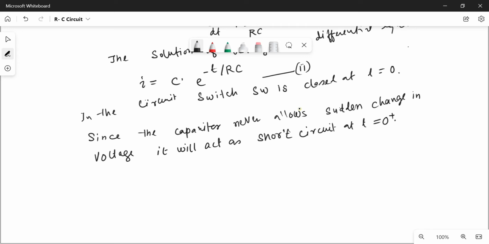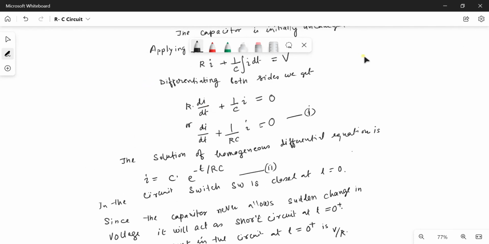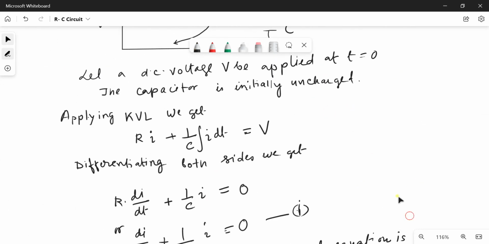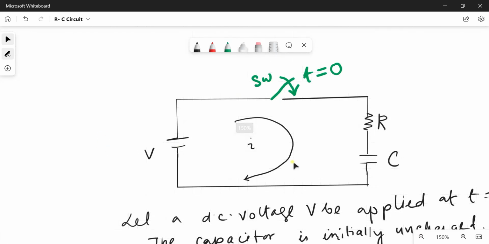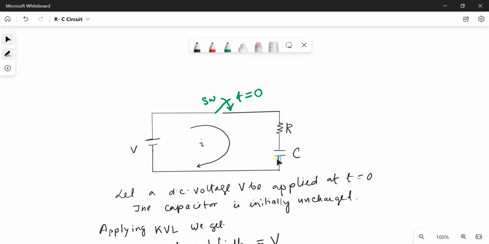So at t equal to 0 plus, means just after the switching, the current in the circuit is equal to V by R, as the capacitor initially behaves as a short circuit and doesn't allow sudden change in voltage. So at t equal to 0, i is equal to V by R.